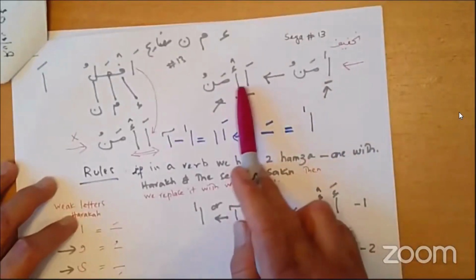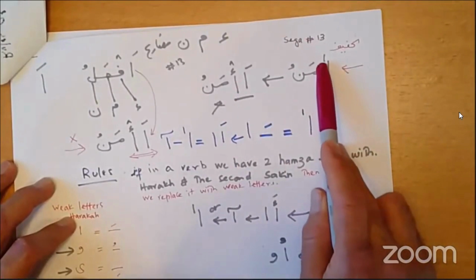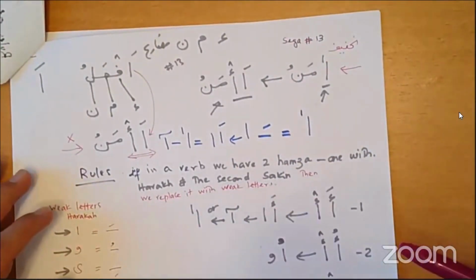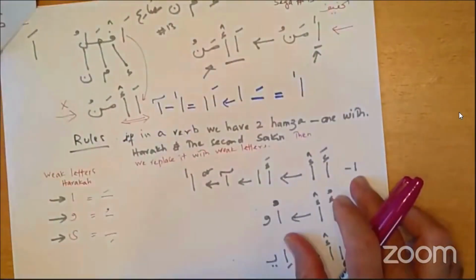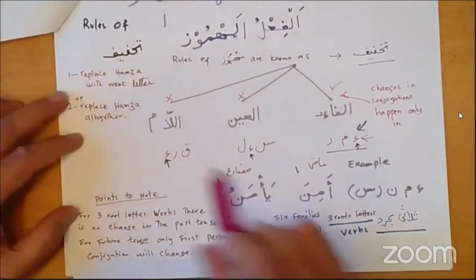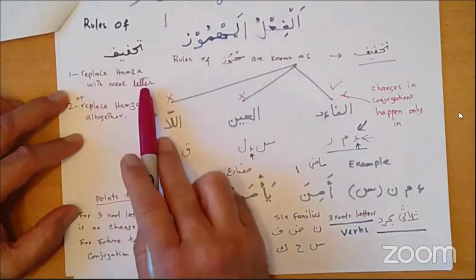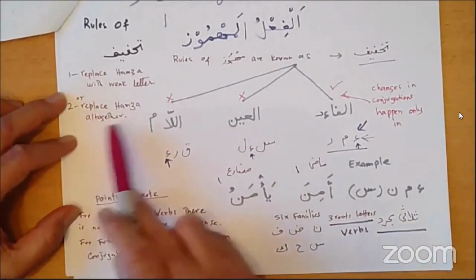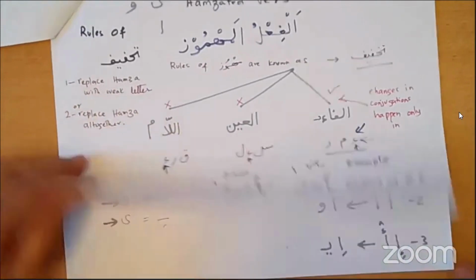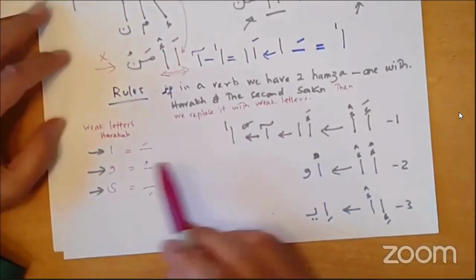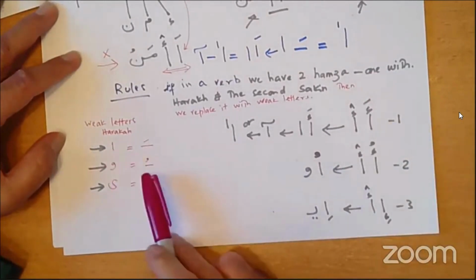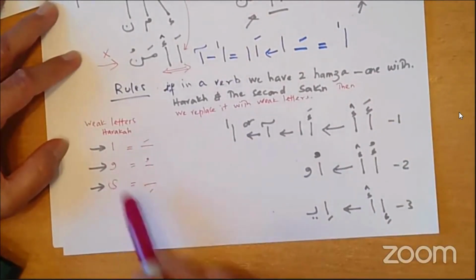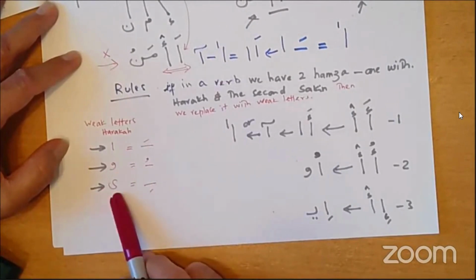Instead of writing it like this, we write it with alif with the standing fatha. Making sense? These words will fall in the mahmuz category. This is the rule for the mahmuz category from the previous class. We said replace hamza with a weak letter or replace hamza altogether. Now, when you are dealing with replacement of weak letters, you know that the fatha corresponds with alif, dhamma corresponds with waw, and the kasra corresponds with ya.